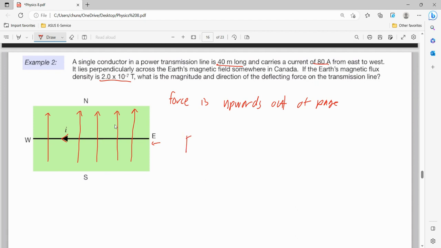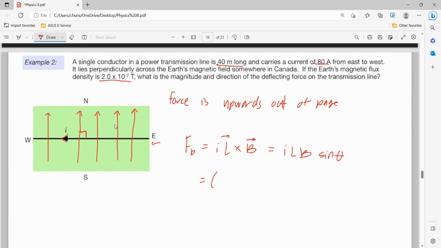Okay, and if we use the equation, which is also equal to saying our magnitudes times sine theta, the angle formed between is 90 degrees, so we can get rid of our sine theta because that's just going to be equal to 1.